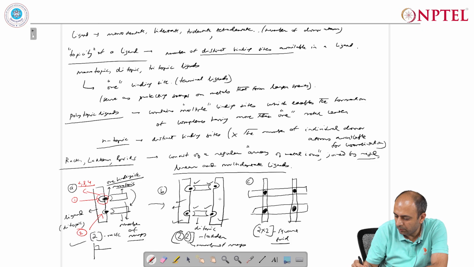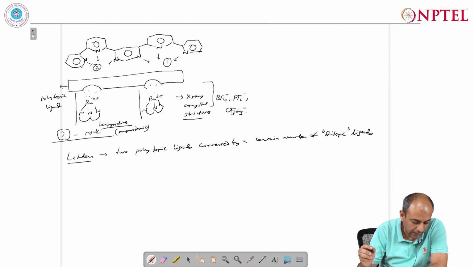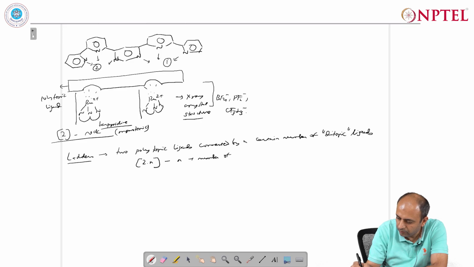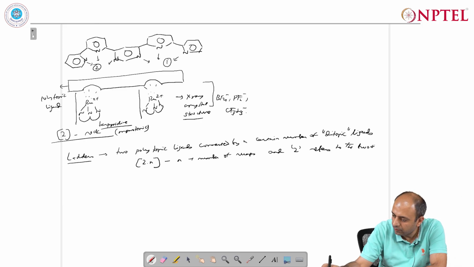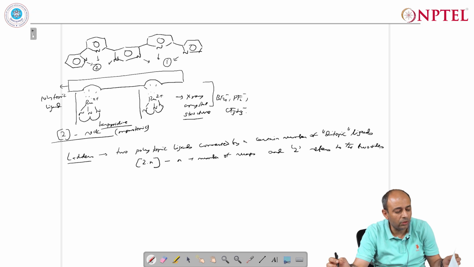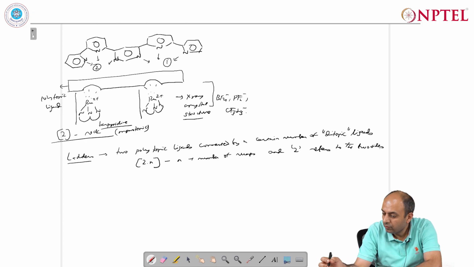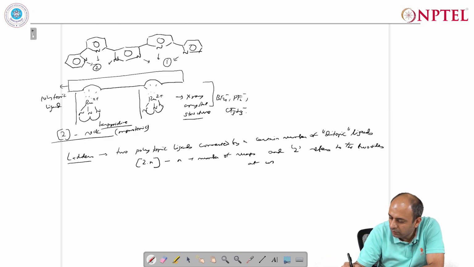So we have this polytopic ligand and it is connected by the ditopic ligand here, and the nomenclature is represented in the form of 2.n, where n is the number of rungs and 2 refers to the two sides at which the rungs connect.